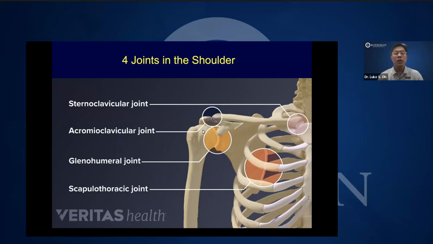Some other purists will say that if you define a joint as one that has cartilage as the interface, then there would be 3 joints in the shoulder, because the scapulothoracic joint does not have a cartilage on cartilage articulation, but has some synovial lining and bursal tissue there. For the purposes of this talk, we will be focused on instability of the glenohumeral joint.